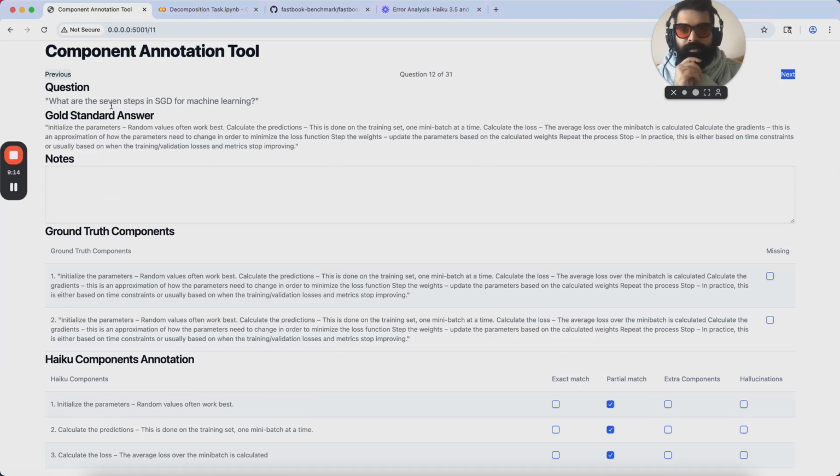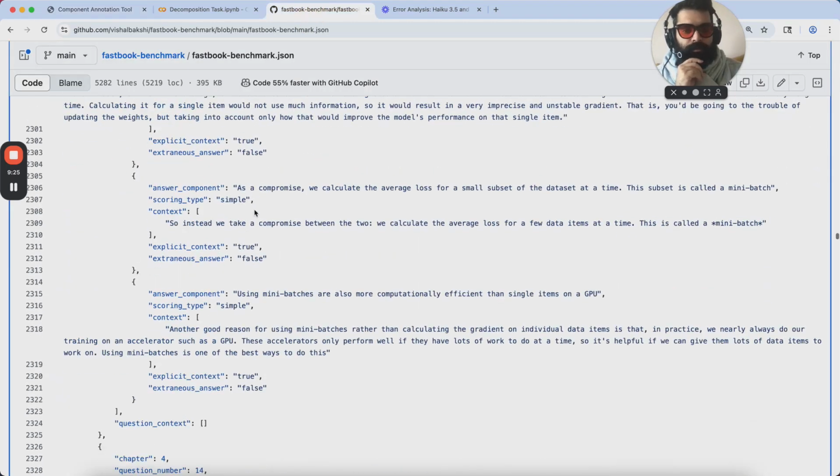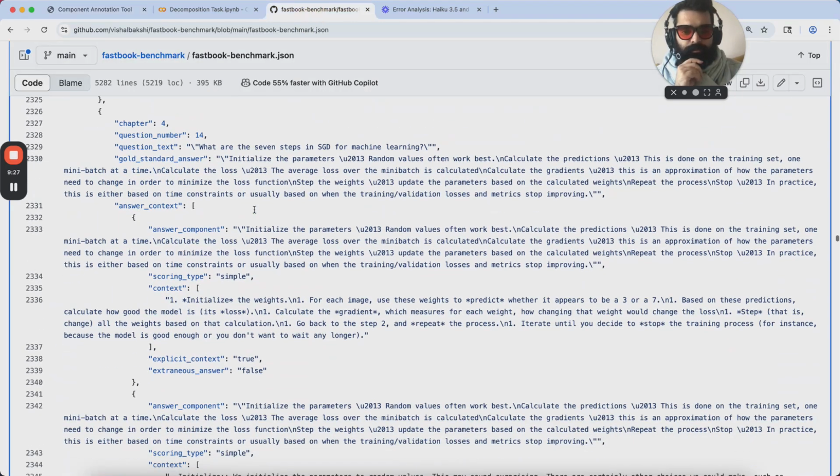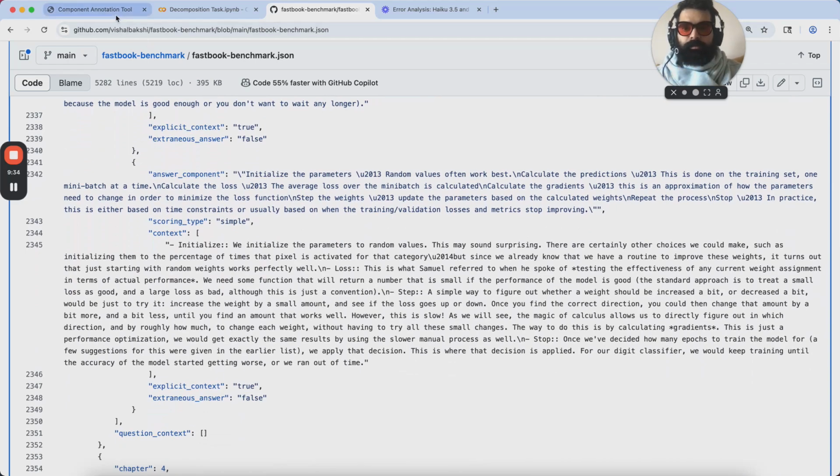Okay, what are the 7 steps in SGD for machine learning? So I have 2 here, which is redundant. So I'll make a note.